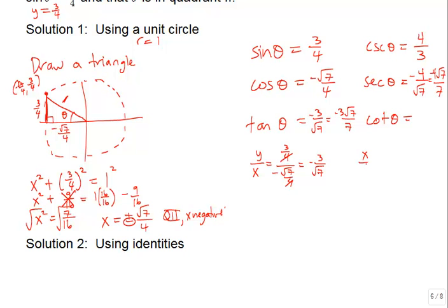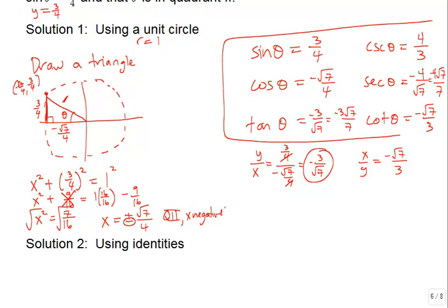Cotangent is just x over y, or the reciprocal of this fraction that we got for tangent. So if I flip over this fraction, the negative root 7 goes on top and the 3 goes on bottom. So there's our cotangent value. And here's all 6 of our trig values, just from knowing 1.